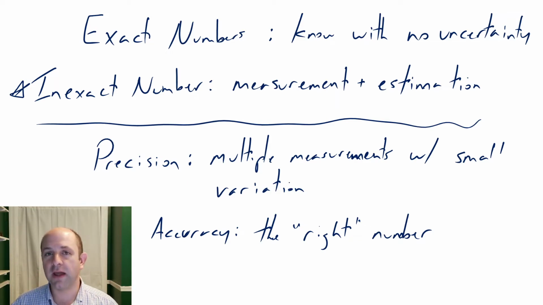But if we don't have precision, if one time we're way up here and another time we're down here, another time we're over here, we have no way to correct for it because it would be a different correction each time and we don't know which correction to go with. So precision is more important. Accuracy is lovely. All right, well, how do we show precision? How do we get that?